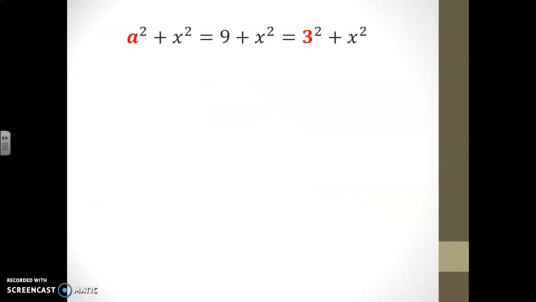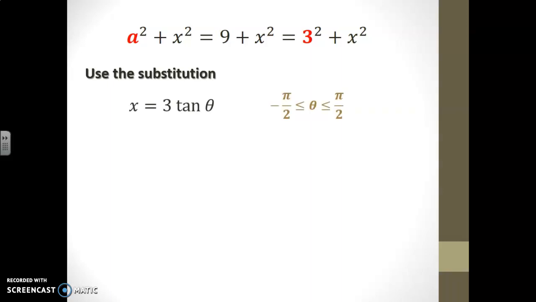9 seems to be playing the role of the a squared term, so we will think of a as being 3. And we will let x be 3 tan theta. The corresponding dx term is 3 secant square theta d theta.